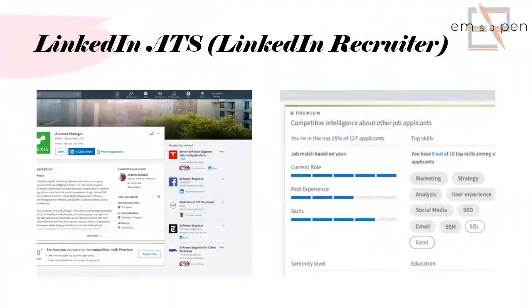Perfect. All right. So, as I mentioned earlier, LinkedIn does have an ATS. It's called LinkedIn Recruiter. Has everyone heard of that before? Yeah? Okay. So when you're on LinkedIn, you can sign up for LinkedIn Premium. There are different levels. But when you are a recruiter, you automatically have premium. I know this because I was in staffing.